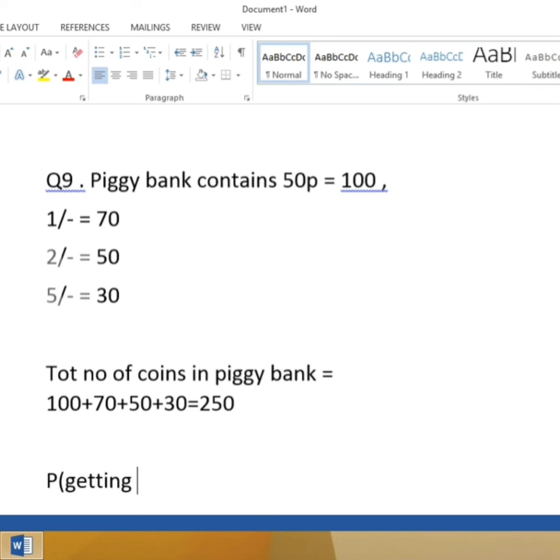So the probability of getting a 1 rupee coin, we know 70 is the 1 rupee coin count, so 70 by the total 250, that is 7 by 25.